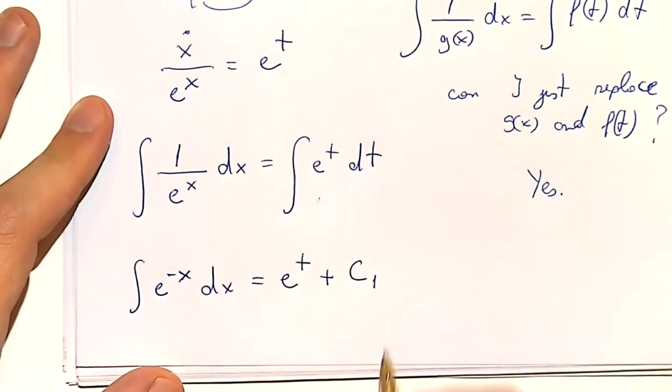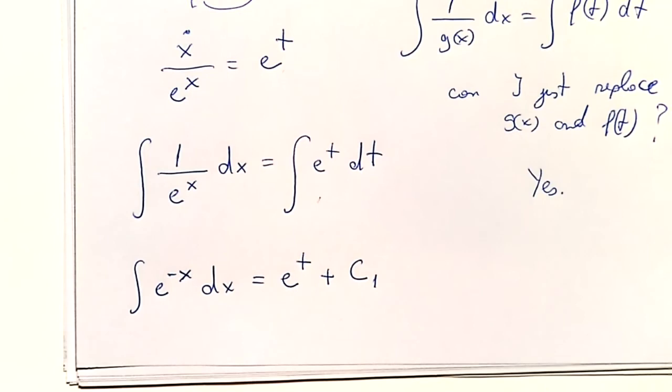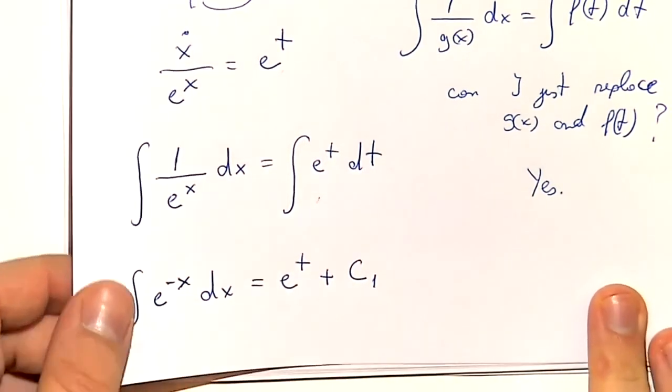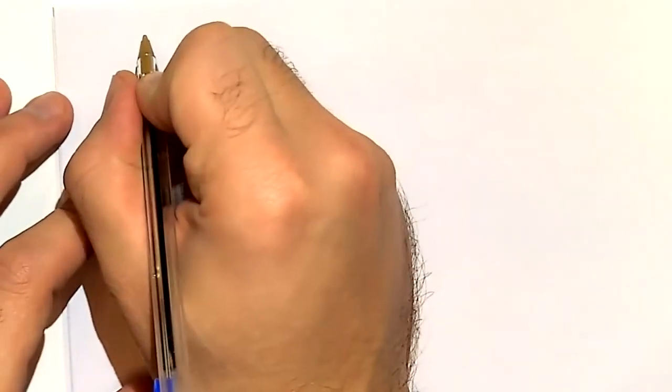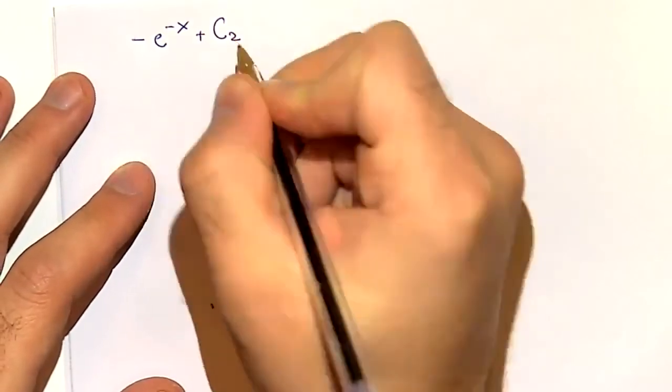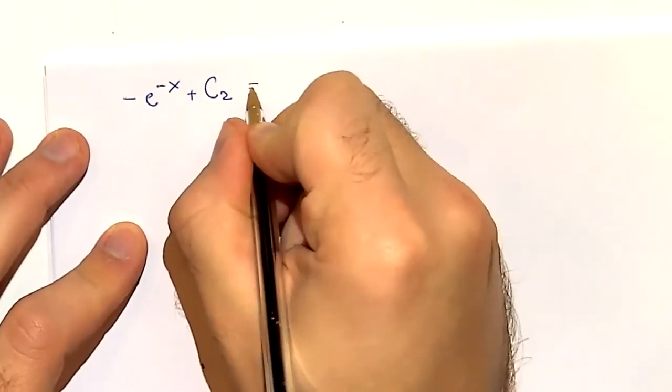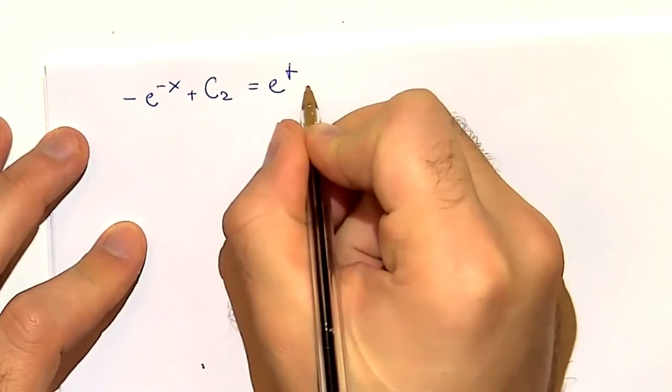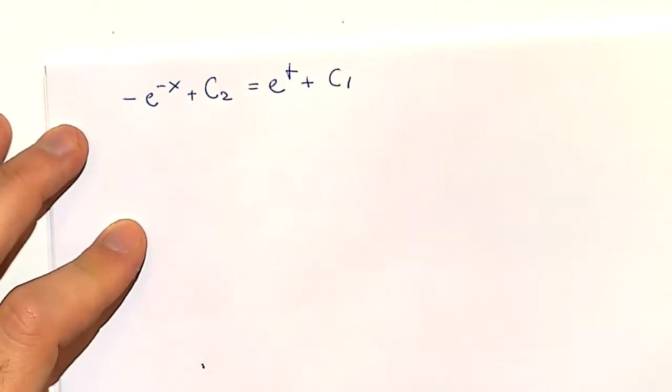Let's just call it constant 1. Now, the antiderivative of e to the minus x is minus e to the minus x plus constant 2, let's say, is equal to e to the power of t plus constant 1.